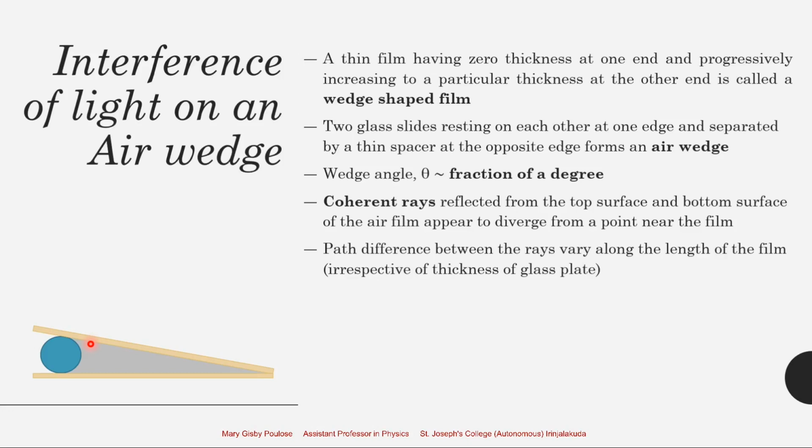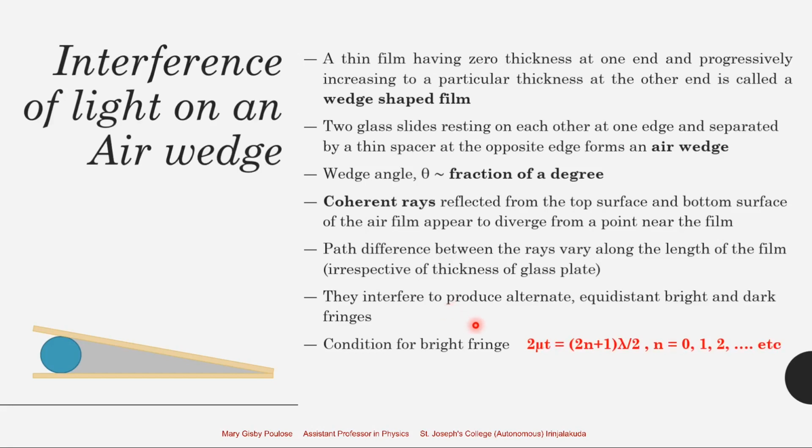Glass plate is in centimeters, so actually it is a very thick plate, it is a very thick film, so interference cannot happen from the top and bottom surface of a single glass slide. Hence the thickness of glass plate does not come into consideration here. Now, the reflected rays from the top and bottom of this air wedge interfere to produce alternate, equidistant, bright and dark fringes.